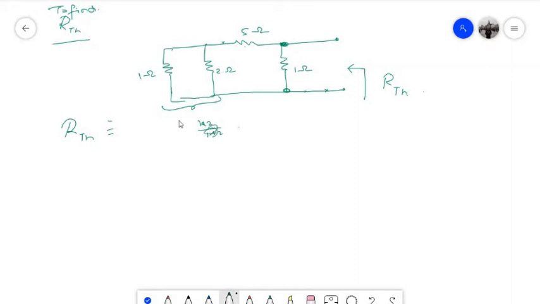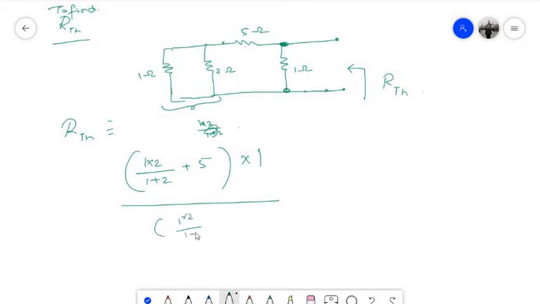The parallel combination of 1 and 2 gives 1 into 2 divided by 1 plus 2, and that is in series with the 5 ohm, so that is 5, and whatever I have got here will be in parallel with this 1 ohm resistance. So it's ultimately this into 1 divided by 1 into 2 over 1 plus 2, plus 5, plus 1.